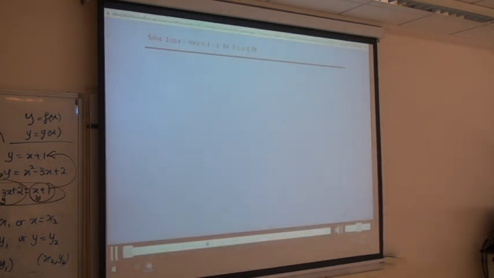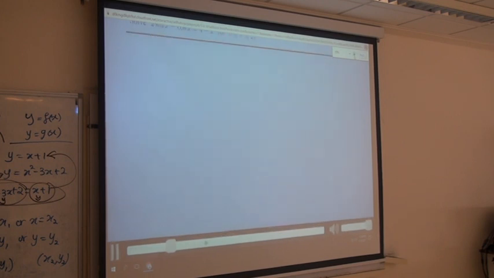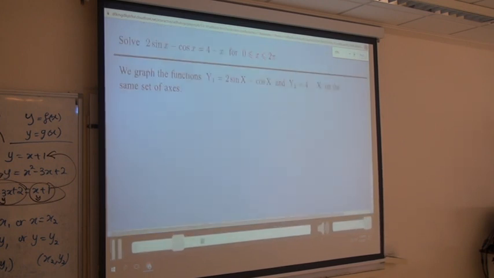In this example, we use technology to solve a trigonometric equation numerically. Notice there is a restricted domain, which ensures there is a finite number of solutions. To solve the equation, we start by graphing the expressions on each side of the equation on the same set of axes. On a calculator, we set y1 equals 2 sine x minus cos x, and y2 equals 4 minus x.